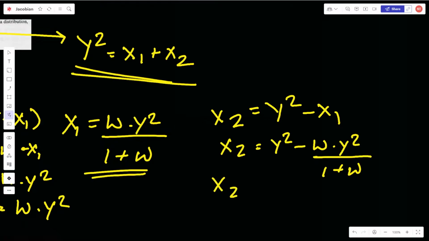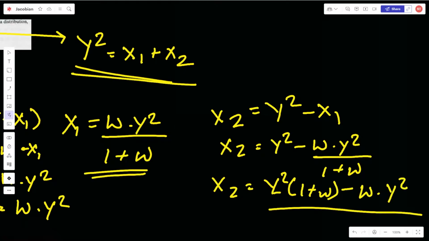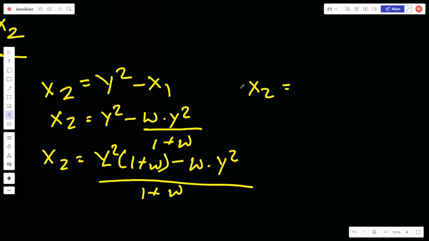So x2 is the same as y squared times (1 plus w) minus w times y squared, all over 1 plus w, which equals y squared divided by 1 plus w. So we have our x2 and we have our x1 now.